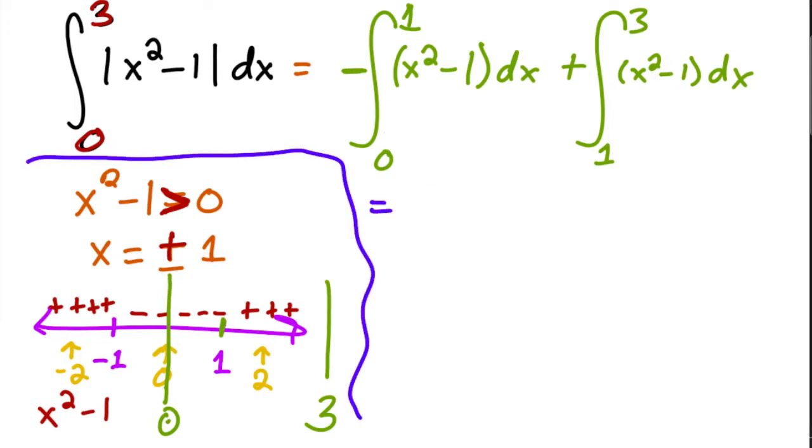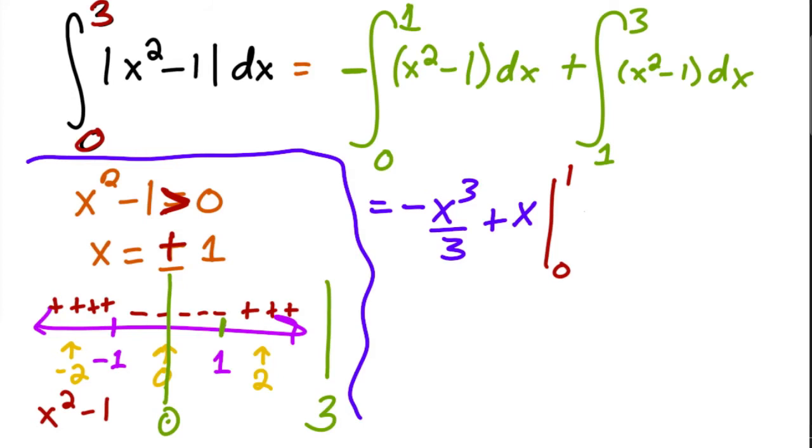Okay, so then we just do the fundamental theorem of calculus. So I have minus x cubed over 3, and then this is going to be plus x because of this negative here, evaluated from 0 to 1.